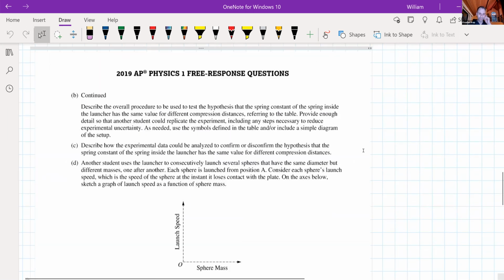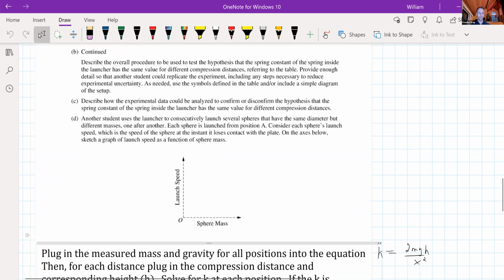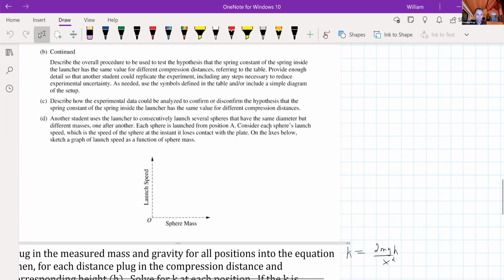Okay, last one. I will pause. Okay, so you wind this thing up and they're saying, what's the relationship between launch speeds and velocity?